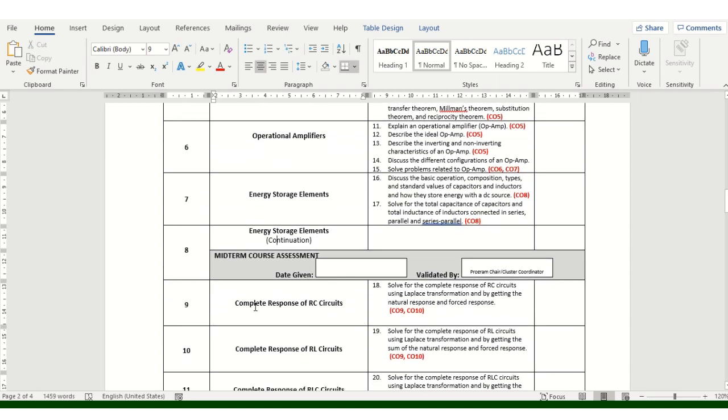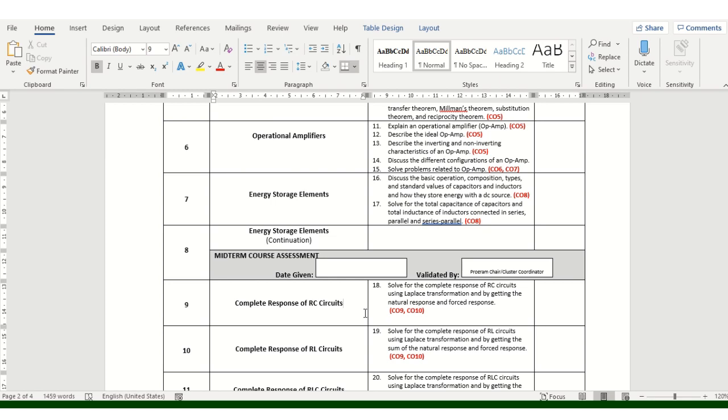Now, on the ninth week, we'll cover circuits that are not only resistive circuits, but circuits that contain resistive elements and energy storage elements.